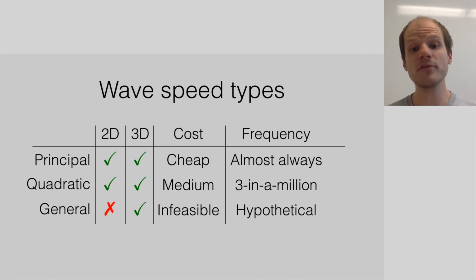We've never observed this to be the maximum wave speed, and its cost is otherwise infeasible to compute, and so we do not consider these types of wave speeds further. Please see the paper for more details on the actual derivation of these wave speeds, the types of wave speeds that can be formed, formulas for the quadratic version, and more commentary on how likely they are to occur in practice.